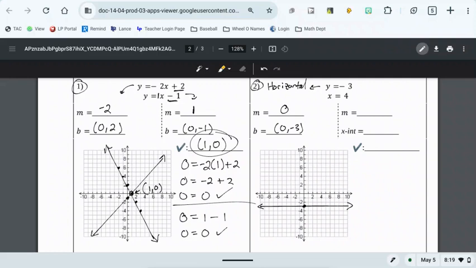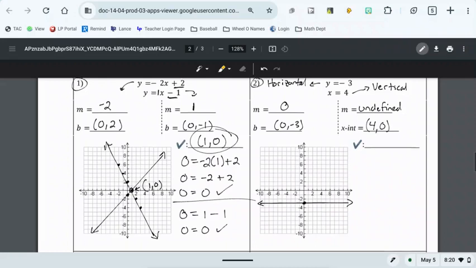All right, easy enough. Now we take a look. When it's x equals, if you remember, this will be a vertical line, which our slope is undefined. And we have an x-intercept, which will be 4, 0, not 0, 4, 4, 0.